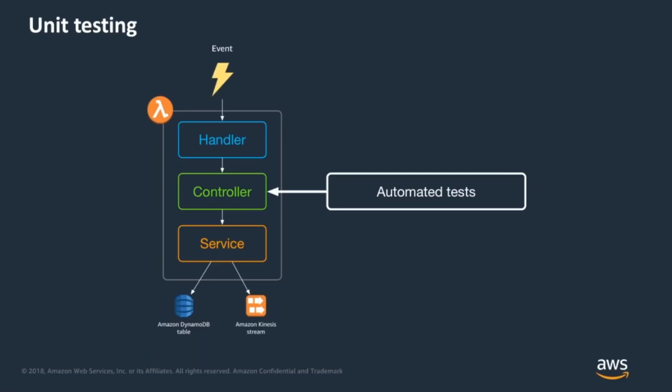You now have this great interface to test against and build a standard suite of unit tests using something like JUnit. That makes it really easy to test your code in a way that you don't have to worry about the Lambda runtime environment or emulating that at all, even though, as we'll see, we can definitely do that as well.